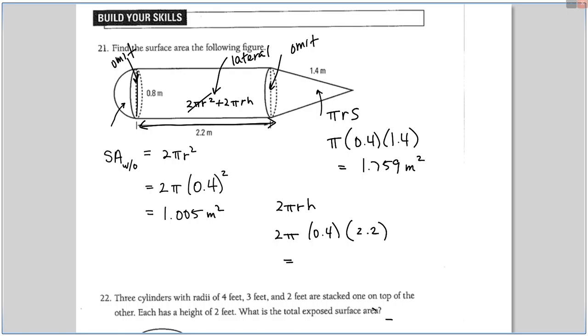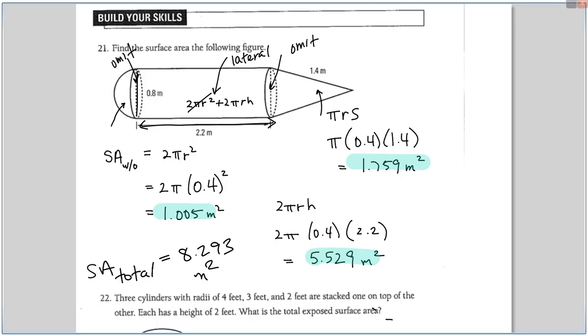And then at the end, you just add it all up. Got 5.529. So let's add up all these things highlighted. I got 8.29 total. Meters square.